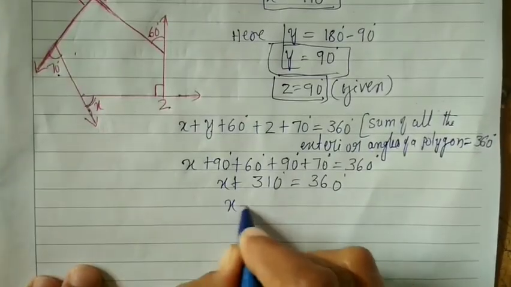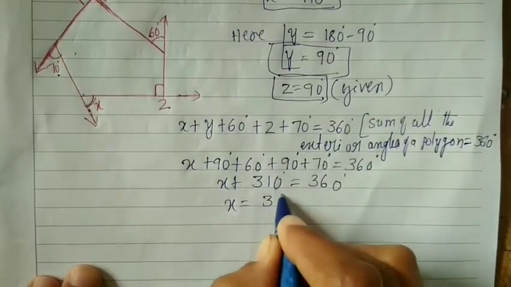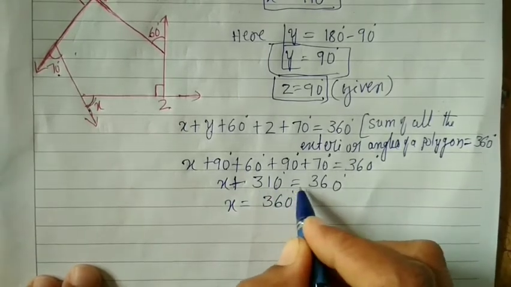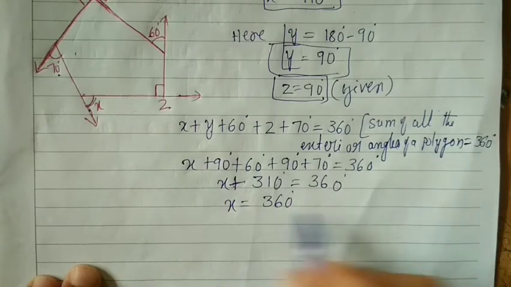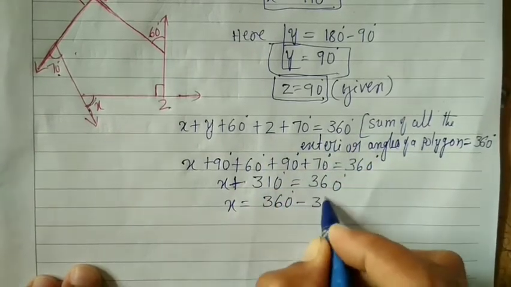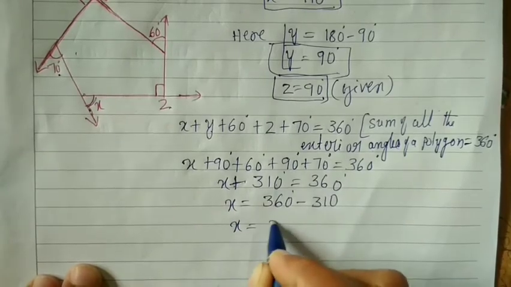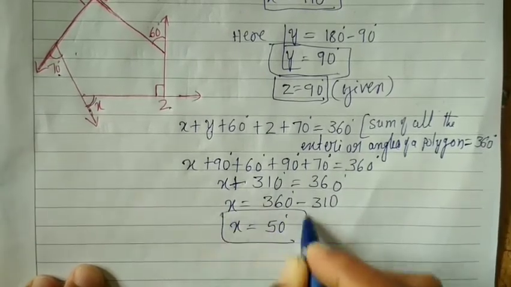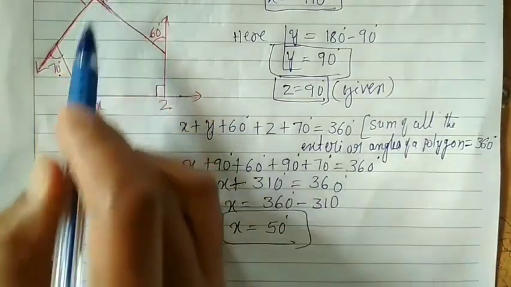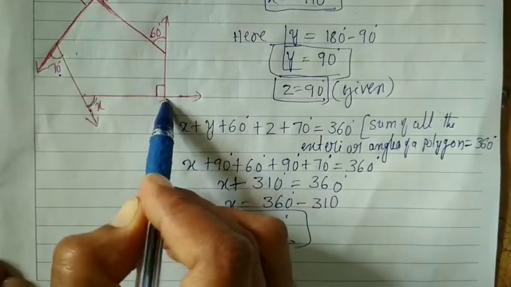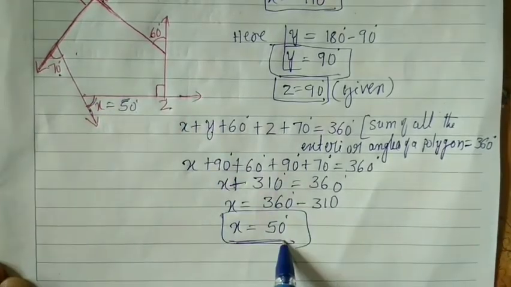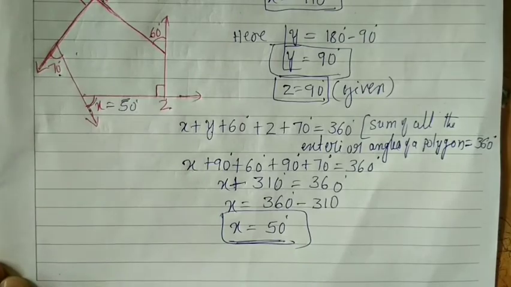Now x is equal to 360 degrees minus 310. So x is equal to 50 degrees. In the figure, y is equal to 90 degrees, z is equal to 90 degrees, given. Therefore x is equal to 50 degrees.